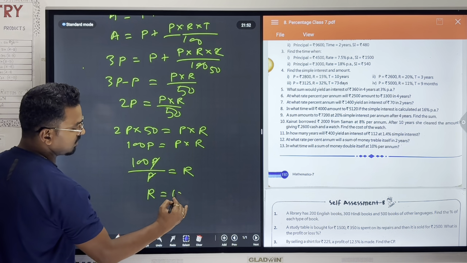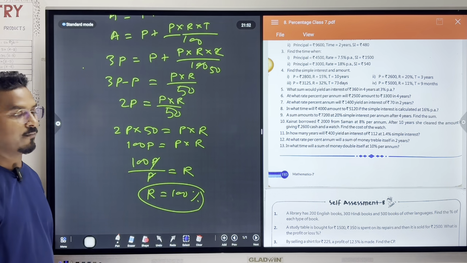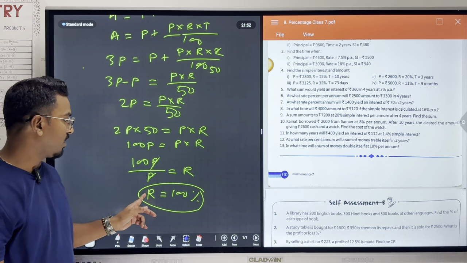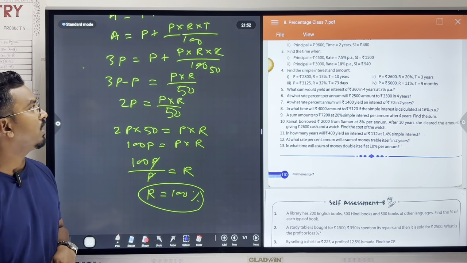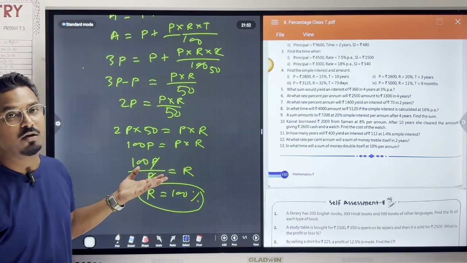So what is the rate of interest? 100%. You have to pay 100%, then only the amount will become triple in 2 years.